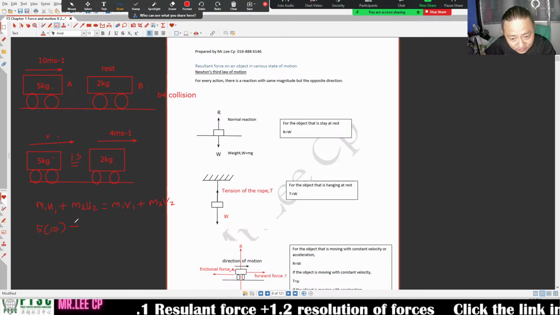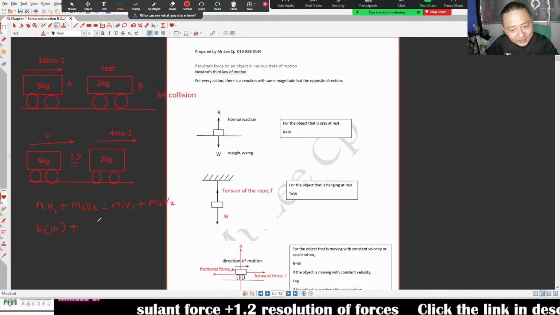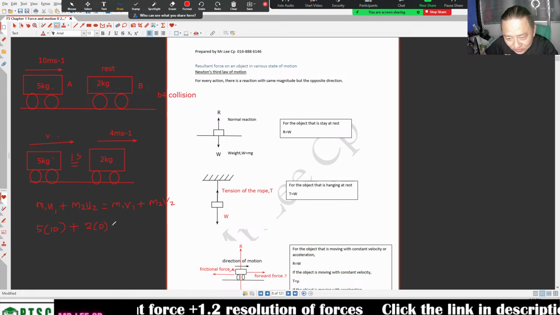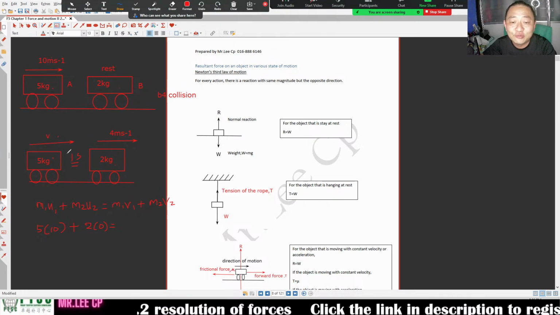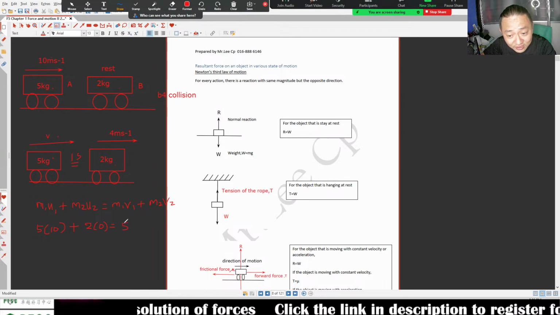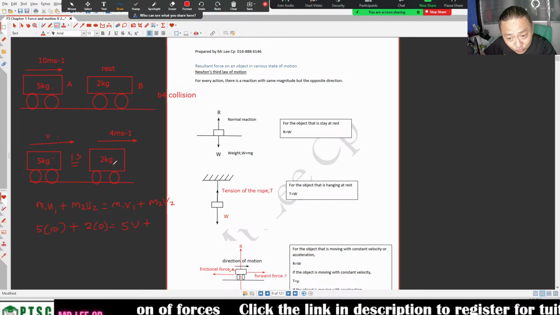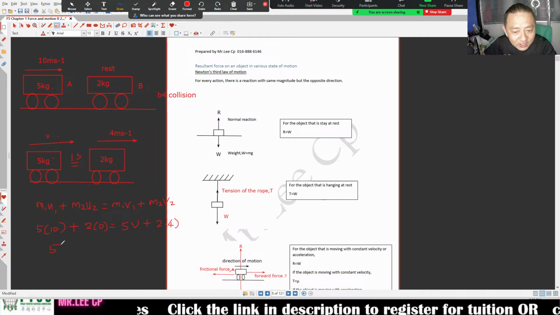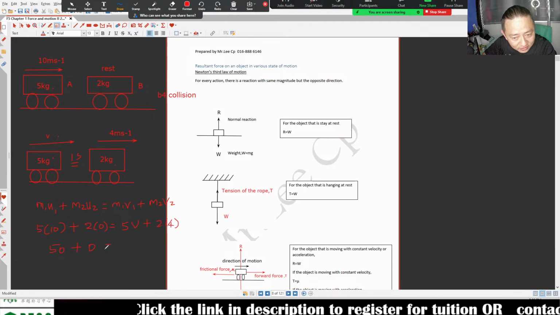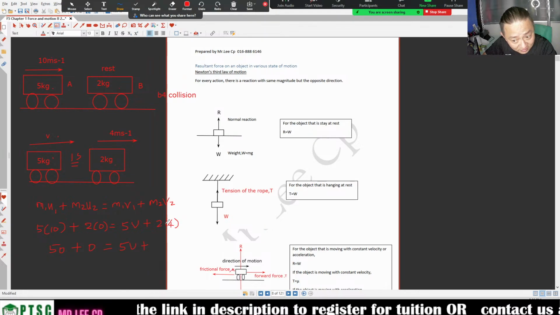You just listen, you don't need to copy this one. Just enjoy my lesson. This is revision. 2 times 0. 5 times v, 5v. 2 times 4. So 50 plus 0 is equal to 5v plus 4 times 2, which is 8.